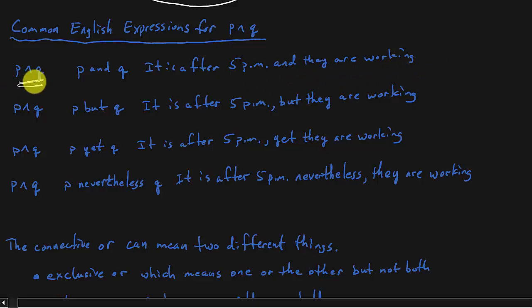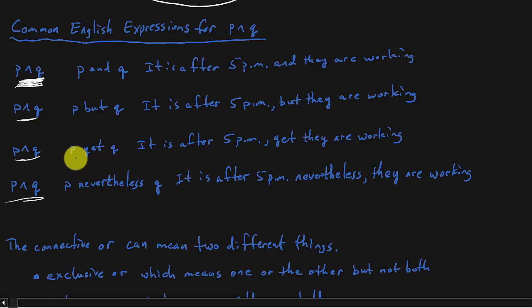All right. Now, some other options to write these things out, it may not always be and in between them. But notice this is P, the and symbol, Q. Other ways that you can express that is not just P and Q, but you can do P but Q, and that would read as it is after 5 p.m., but they are working. Symbolically you could do that as P and Q here.